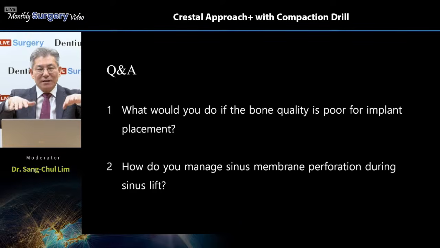And finally, we can see the small perforated membrane area from the crestal approach case. After that, elevate and cover with some collagen membrane or collagen graft or some collagen sponge materials and put in the graft materials, and the same as a normal lateral approach procedure will be done. And that is my answer about the crestal approach case perforation.